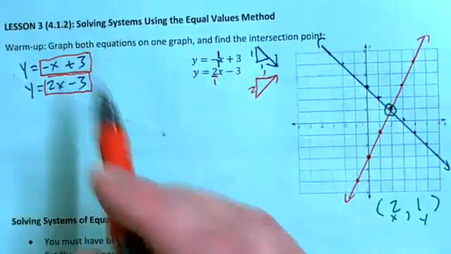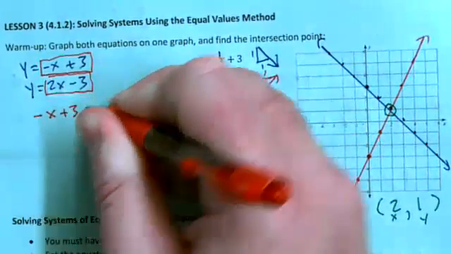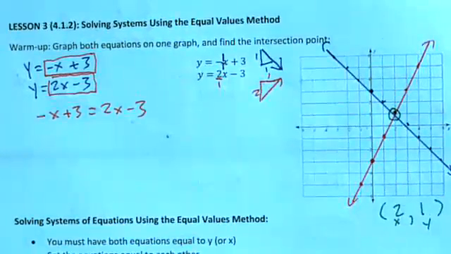So this equation would look like this. It would say negative x plus 3 equals 2x minus 3. So I've taken my two equations and combined them together into one single equation.